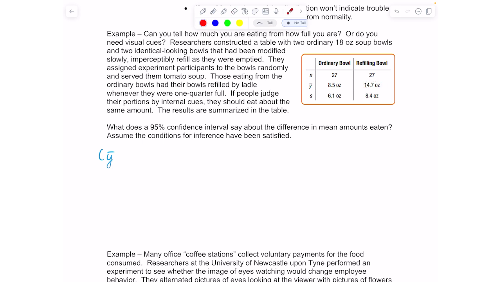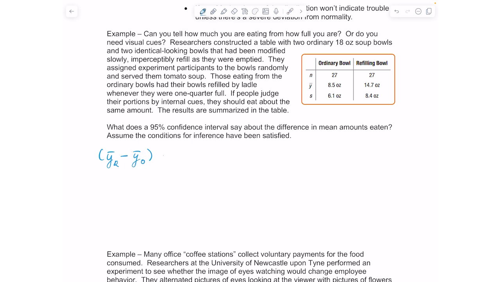So my refilled is bigger than my ordinary. It doesn't matter, but your interpretation at the end would matter. So I'm just going to do R for refilled and then y bar O for ordinary. So you have your sample mean amount for those that ate from the refilled bowls, and you're subtracting the sample mean of those who ate from the ordinary bowls.